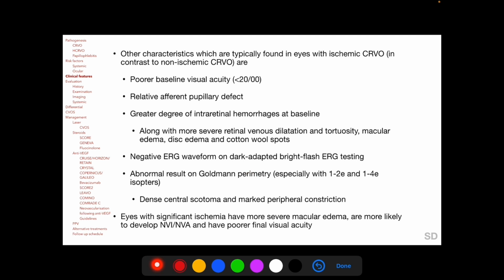And these are very important criteria to remember. And as we will be discussing further, eyes with significant ischemia or non-perfusion have more severe macular edema, are more likely to develop anterior segment neovascularization, and have a poorer final visual acuity.